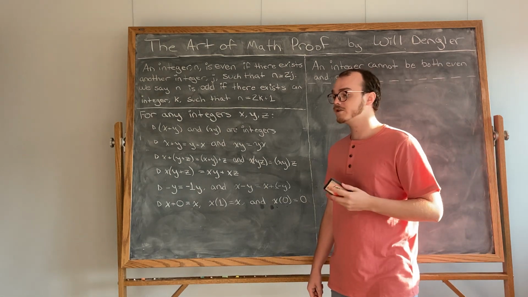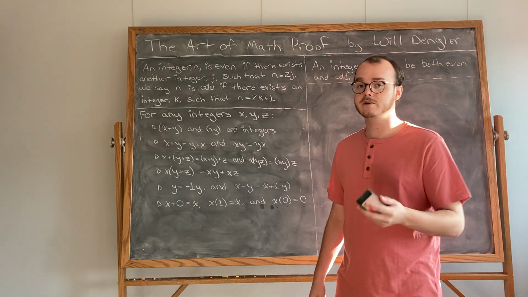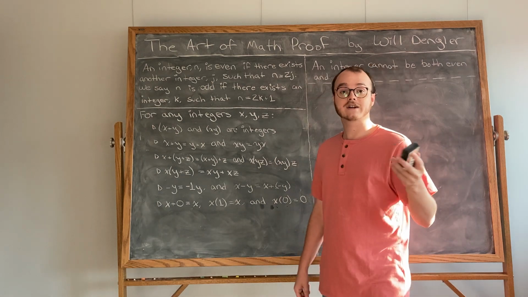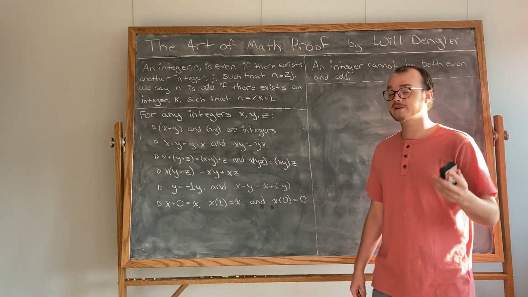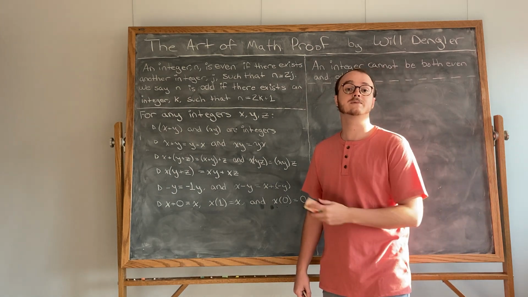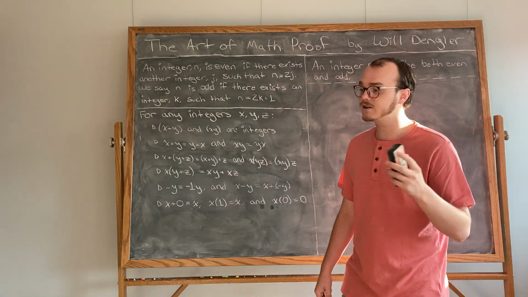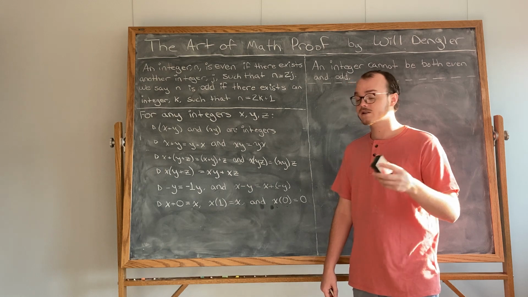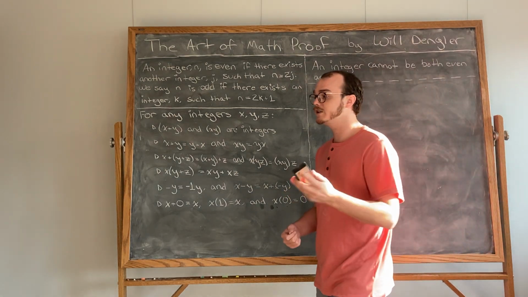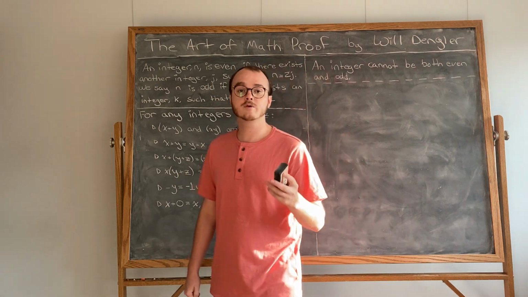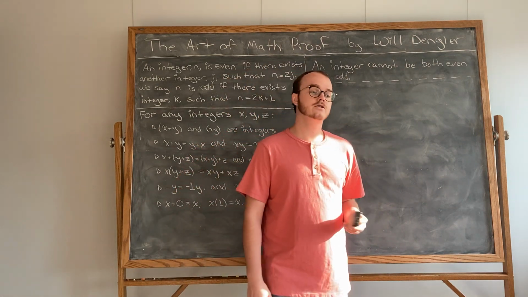They started off with us assuming we had 2 integers of the correct even and oddness that we needed. For instance, in this proof that the sum of 2 even integers was going to be even, we assumed we had 2 even integers. In the sum of 2 odd, we assumed we had 2 odd integers. And finally, in the sum of an even and an odd integer, we assumed we had an even and an odd integer.